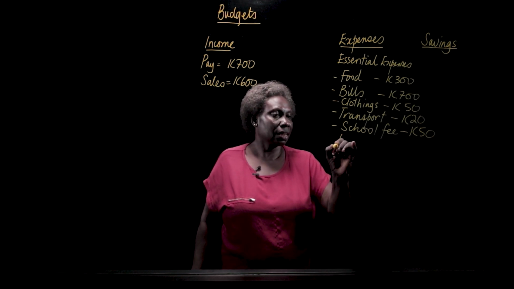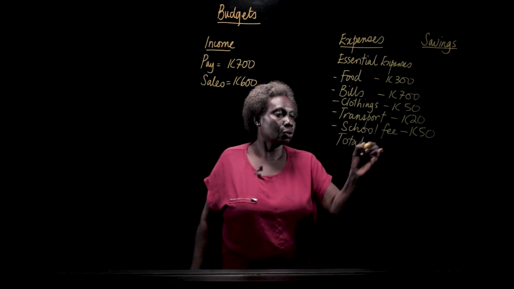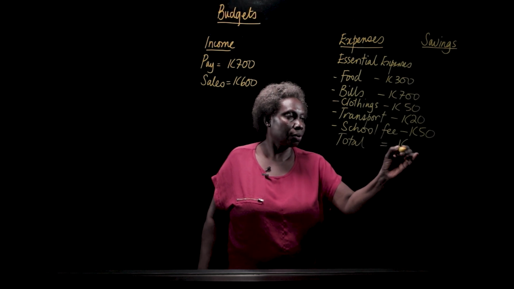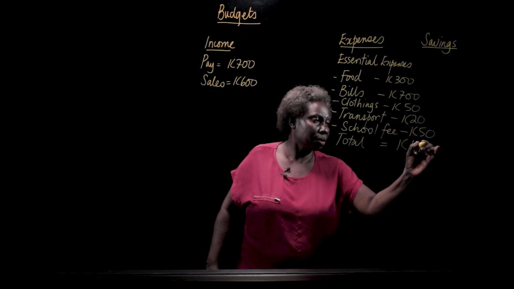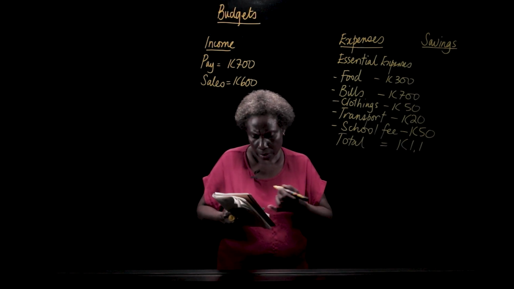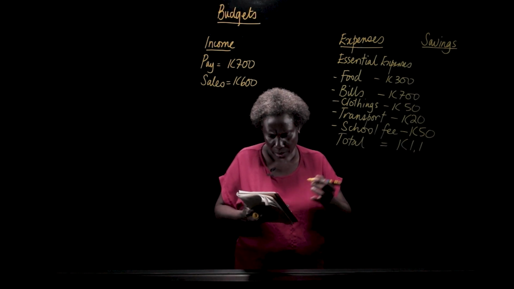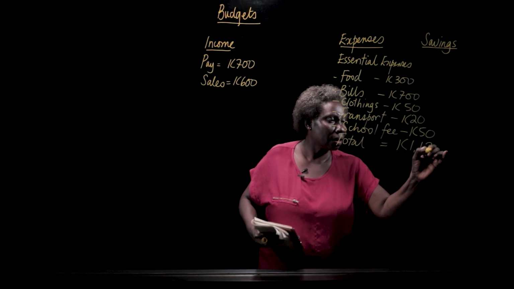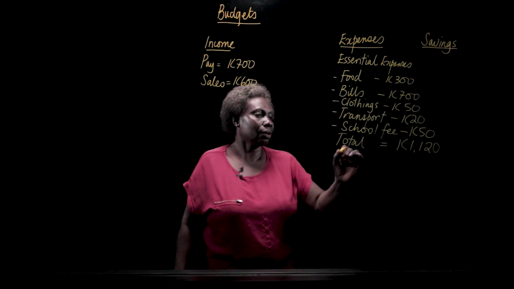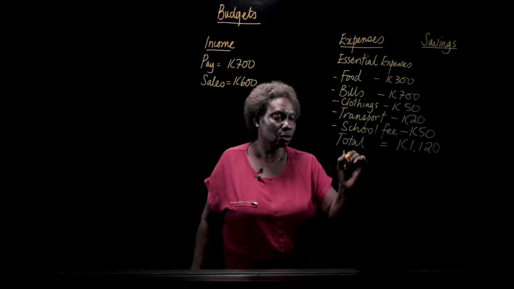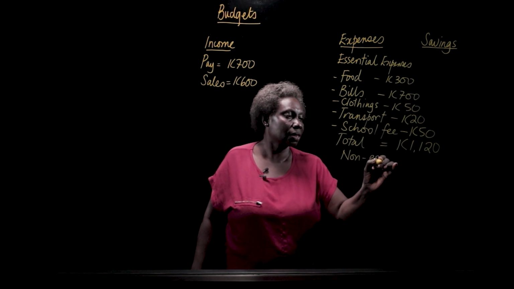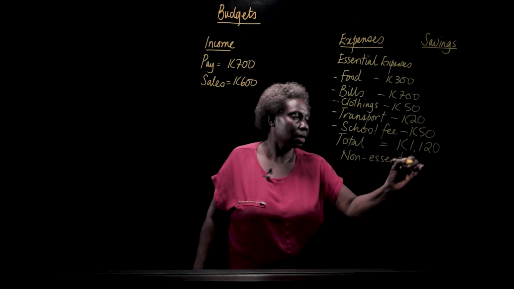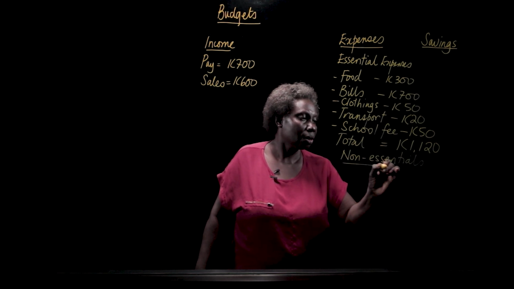That gives us a total of 1,120 kina. Then the non-essential expenses. We just write that as non-essentials.